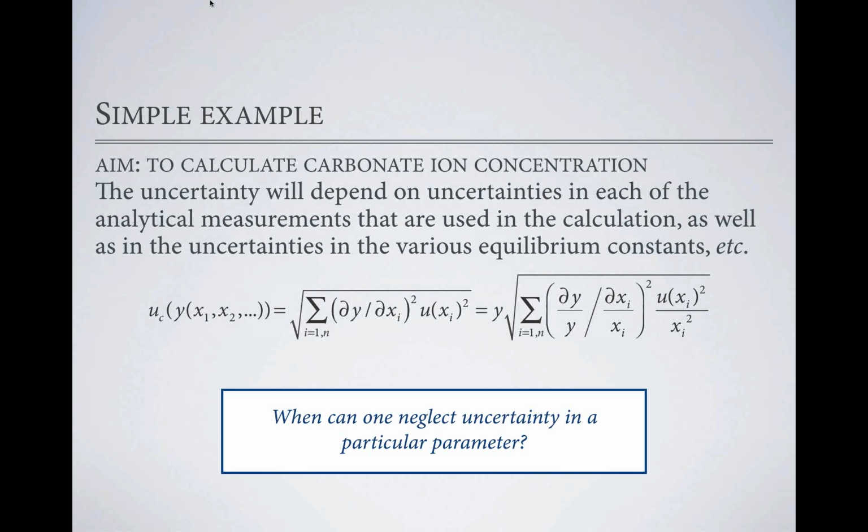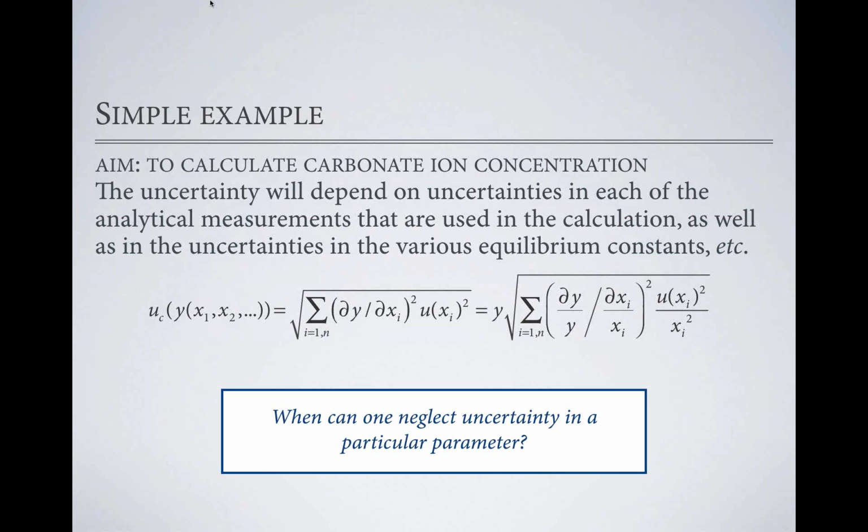So when can you neglect the uncertainty in a particular parameter? Well, if you look at this, let me give you a very simple example. If one of these terms, dy/dx times u, is 3, and one is 1, then 3 squared is 9, 1 squared is 1, the sum of it is 10.